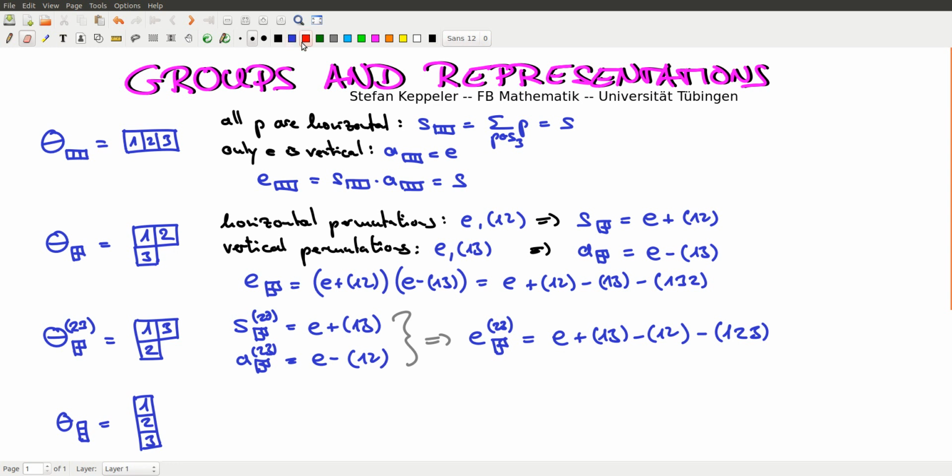And finally, we have this one column diagram down here. And in this case, there's only one horizontal permutation, and all permutations are vertical.